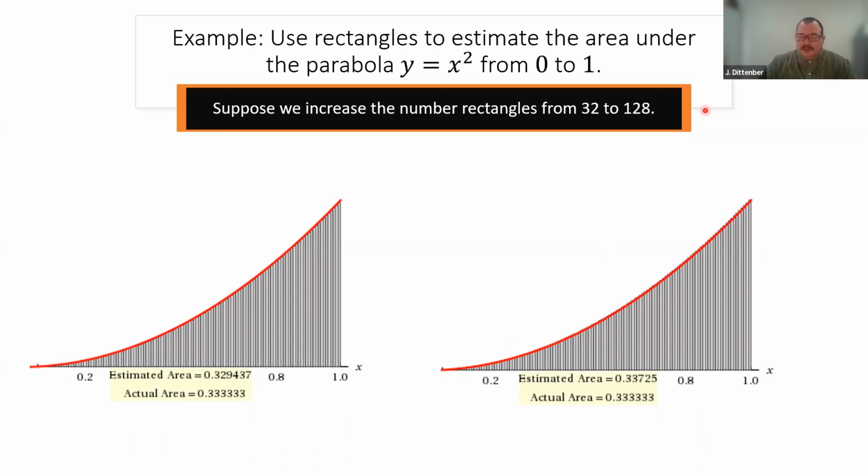Here with 128 rectangles, we have 0.329. On this side, it's still an underestimate, but look how close that is. And over here, we've got 0.33725, which is still an overestimate, but vastly closer than the 4 rectangles we started with. So the question is, how many rectangles can we use?